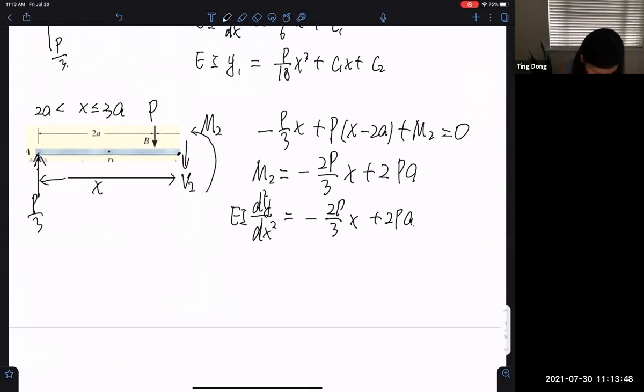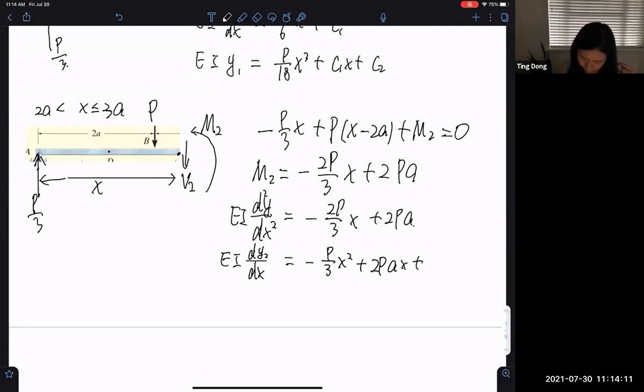So integrate once, we get the equation for the slope, theta, dy/dx, equal to -P/3 x squared + 2Pax plus a constant.